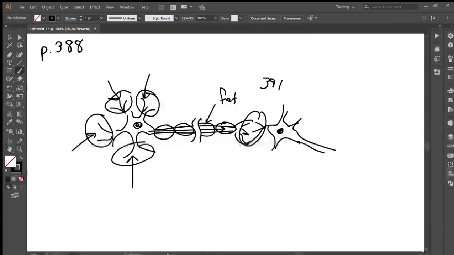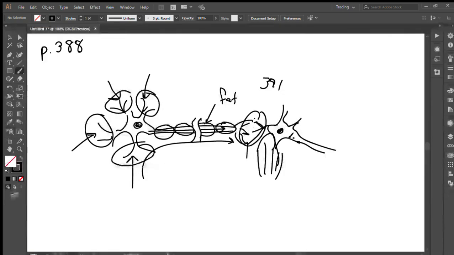That space in there, they never actually touch. But what happens is the impulse comes in, travels down the axon to the end of the axon, then it causes what's called neurotransmitters, little chemicals, to be released from the axon to either the dendrite that is connecting here, or maybe it's connecting to a muscle cell, telling it to contract, or who knows, all kinds of different things can go on.